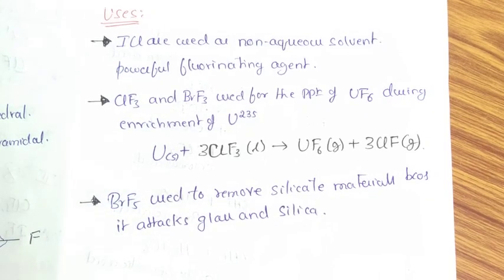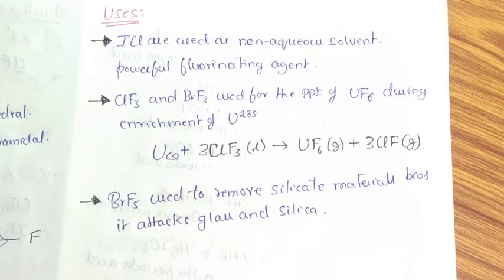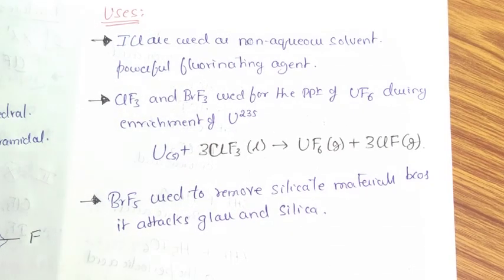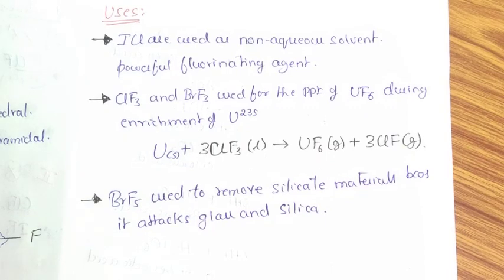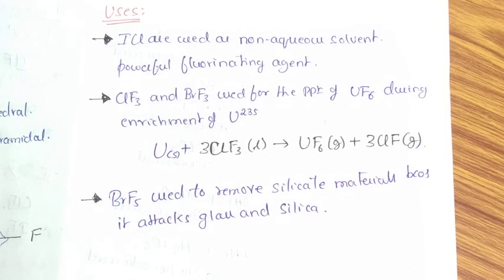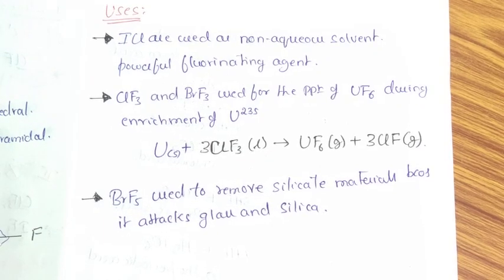Then we learnt the definition of interhalogen compounds and the reasons for the formation of interhalogen compounds. We learnt the preparations of different interhalogen compounds, and also how to represent the structure for given interhalogen compounds. So this completes group 17 elements with respect to your class 12 and KSET view.